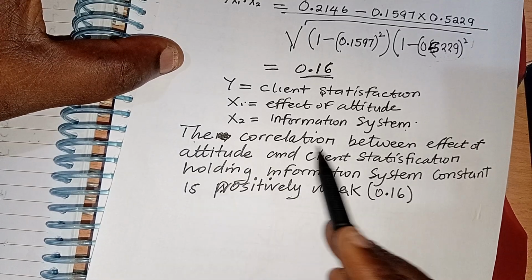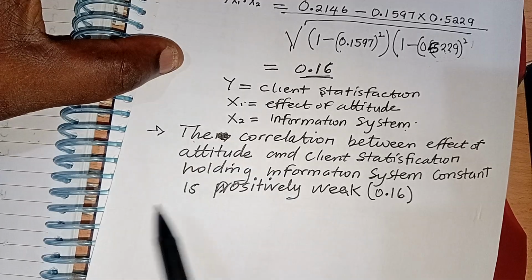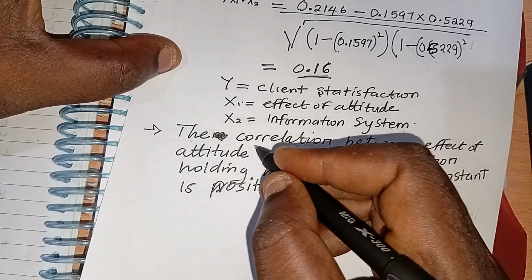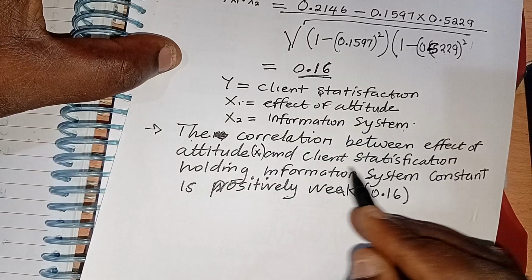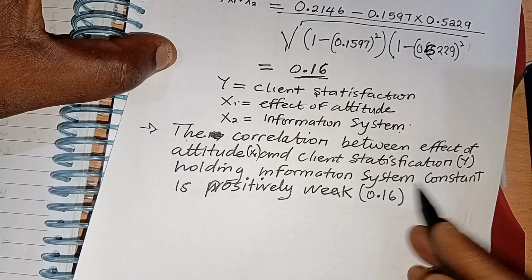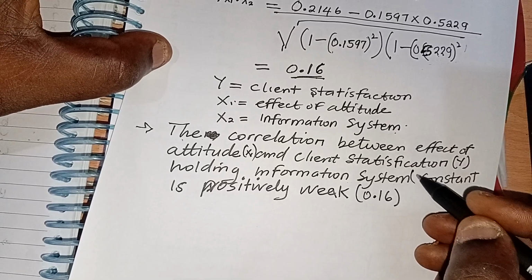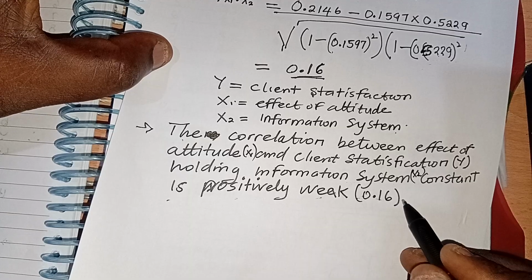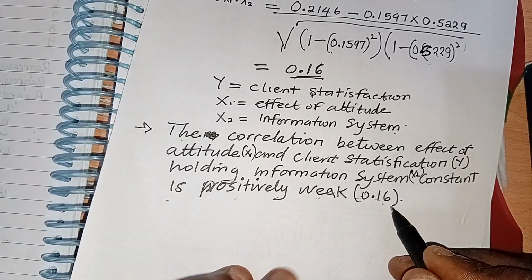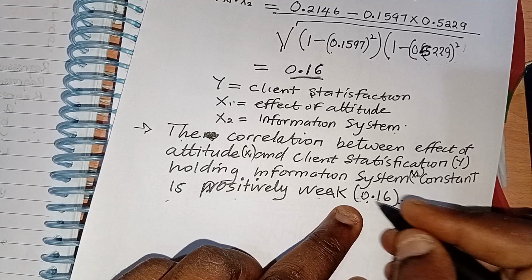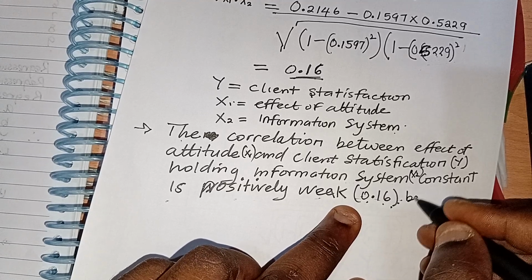Then the correlation. Now, how do you interpret this result? The correlation between the effect of attitude, that is our x1, and client satisfaction denoted by y, holding information system, which is x2, constant, is positively weak, because r is less than 1.